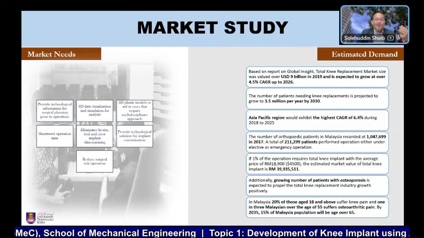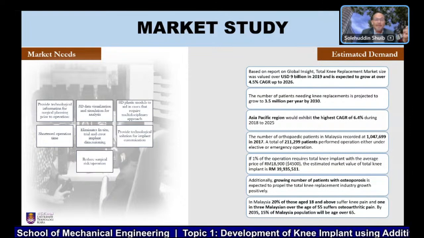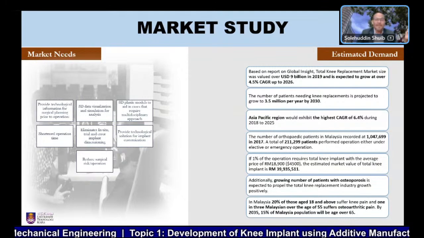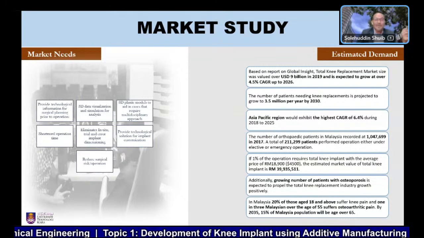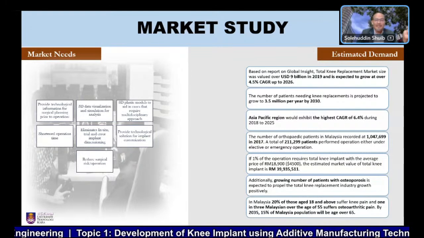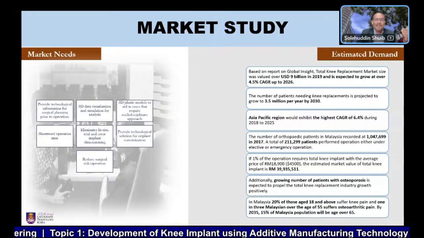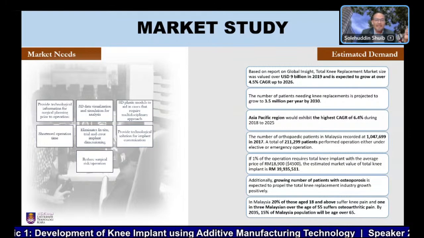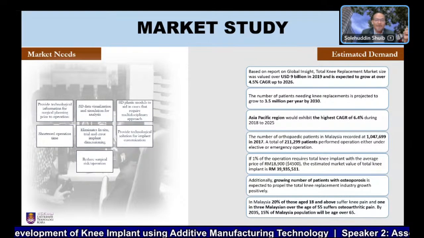If 1% of operations require a total knee implant with the average price of $4,500, which is equivalent to nearly 20,000, the estimated market value of total knee implants will be about that figure.